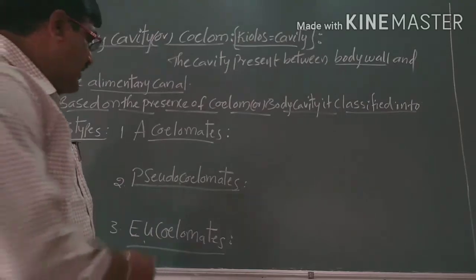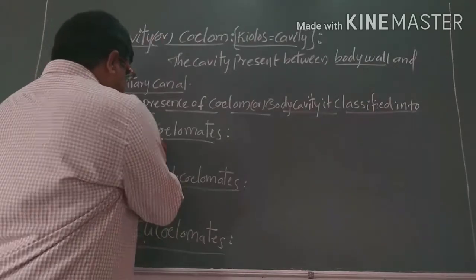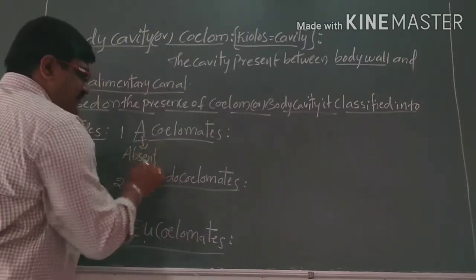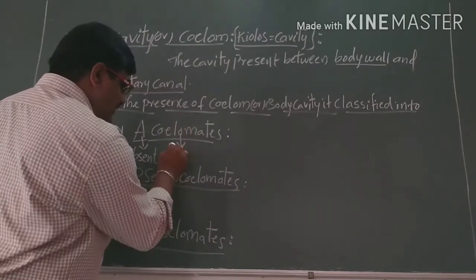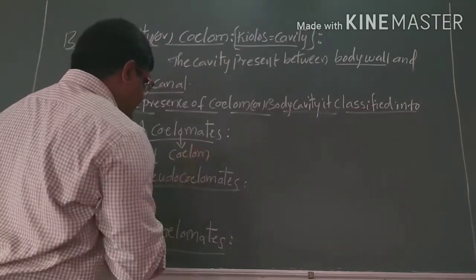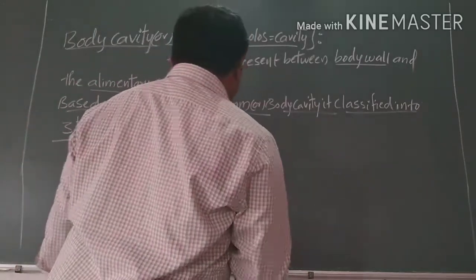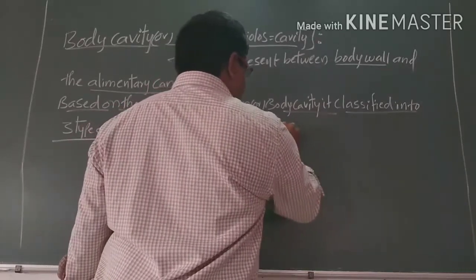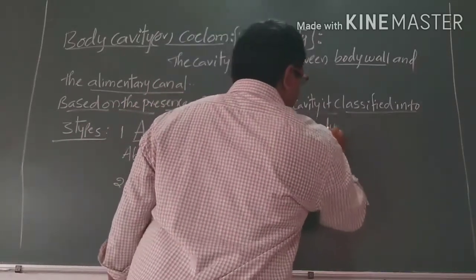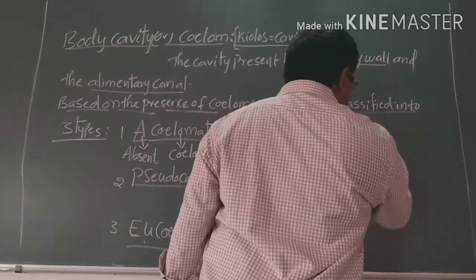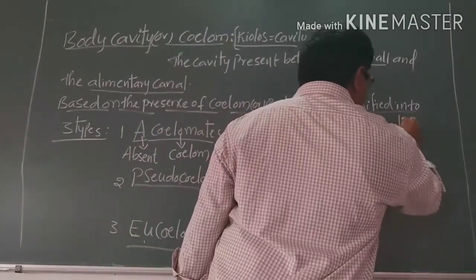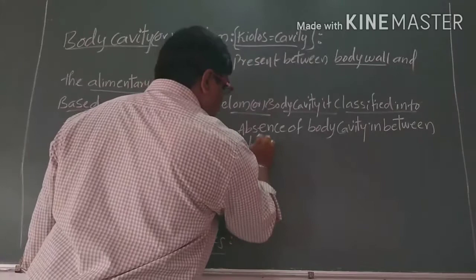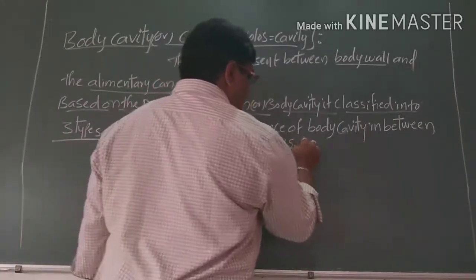So coming to the acoelomates, A means absence of the coelom. Coelom means a body cavity. That means the absence of a body cavity in between the body wall and the elementary canal.